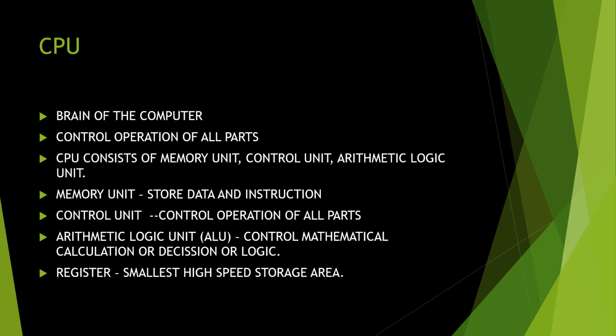And what is meant by register? Register is the smallest high-speed storage area. It is a storage area, and a high-speed one, where a lot of data can be collected and stored. It's the smallest one, but it's a high-speed storage area for the computer.